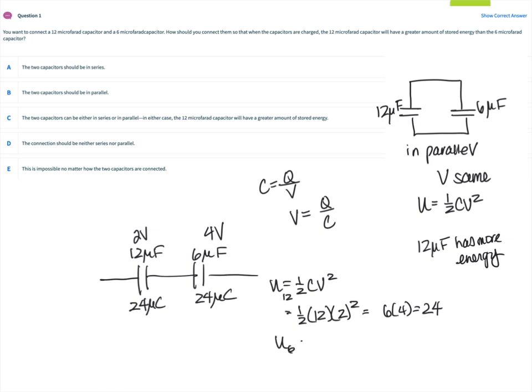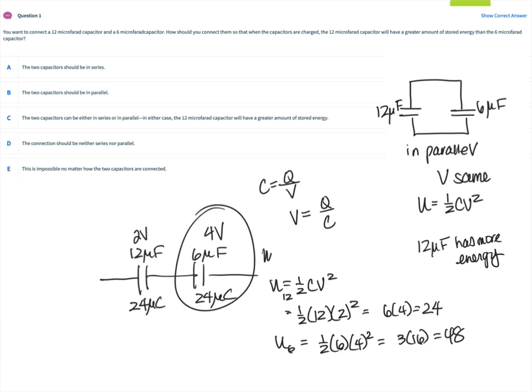U for the 6 is going to be 1/2 times 6 times 4 squared. That's going to be 3 times 16, and that's 48. So when they're connected in series, this one has more energy. So the way that I can connect them so that the 12 microfarad capacitor has more energy is to connect them in parallel.